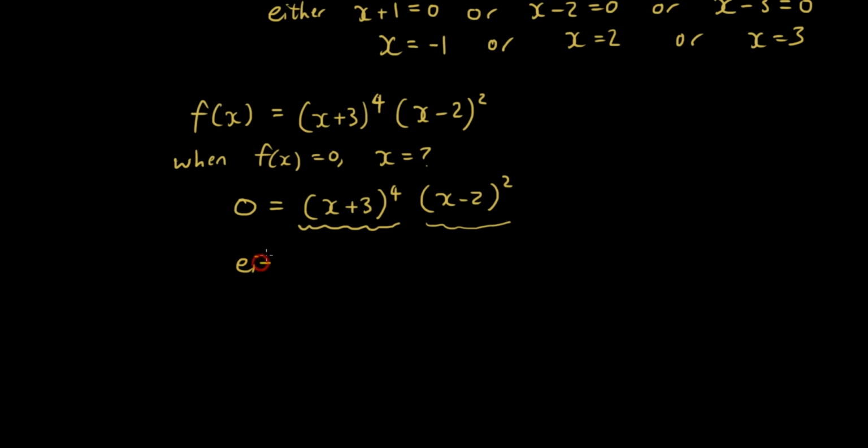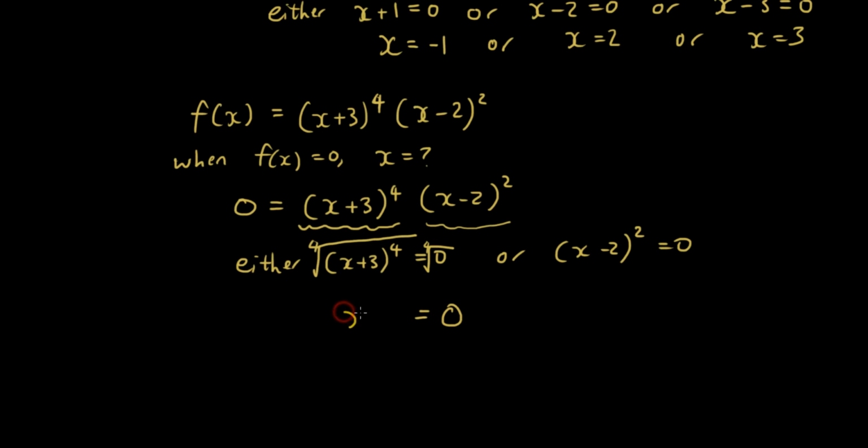So either (x plus 3) to the power of 4 is equal to 0, or (x minus 2) to the power of 2 must equal 0. So how do we solve this equation? Well, if we do the fourth root on both sides, we will get 0 equals x plus 3, so x equals negative 3.